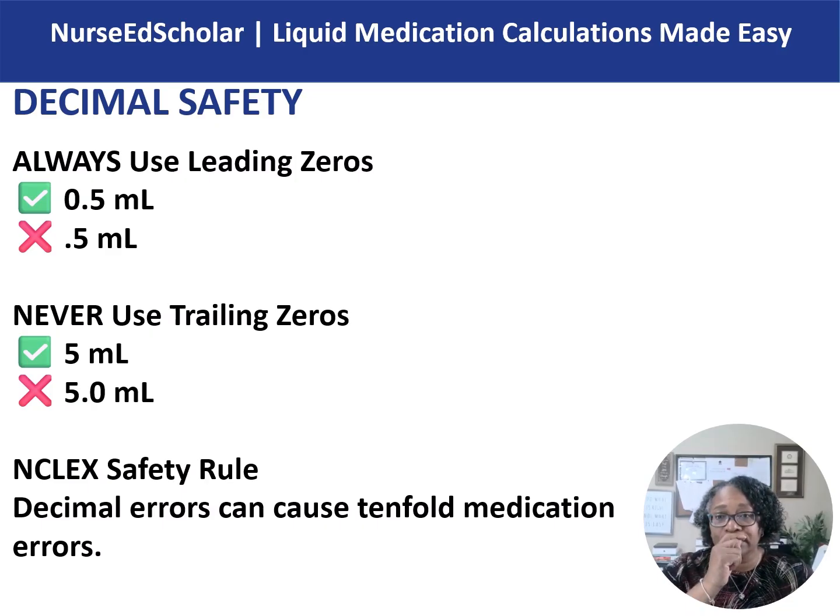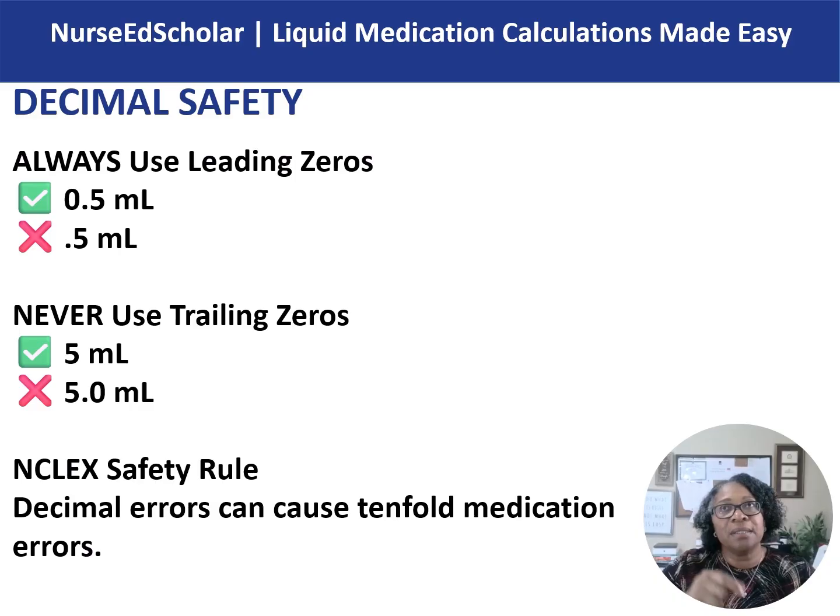So like on the screen, if you don't have the 0.5 and you only have the point 5, somebody looking at the order, or you as the nurse looking at the order, may not see that decimal, and you may give the person 5 milliliters instead of 0.5 milliliters.